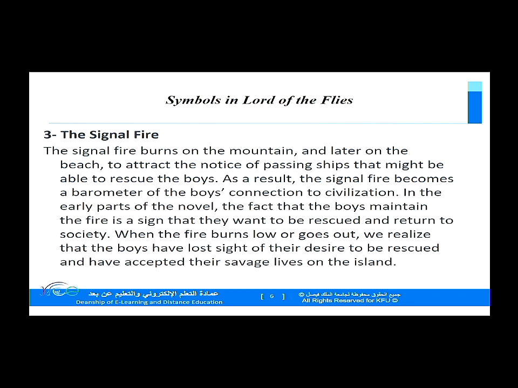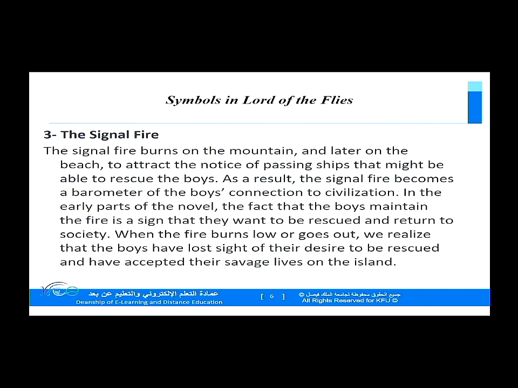As a result, the signal fire becomes a barometer of the boys' connection to civilization. So the more they take care of it, the more their attachment to civilization is obvious. When they begin to forget it and ignore it, and they don't remember to keep it lit, that means that their connection to civilization is weakening.